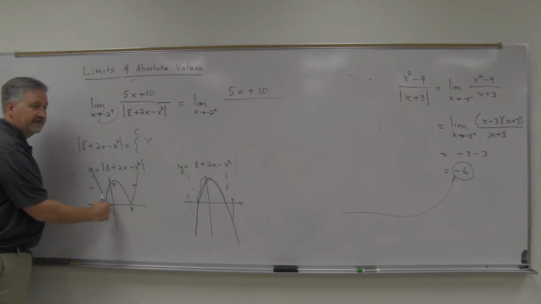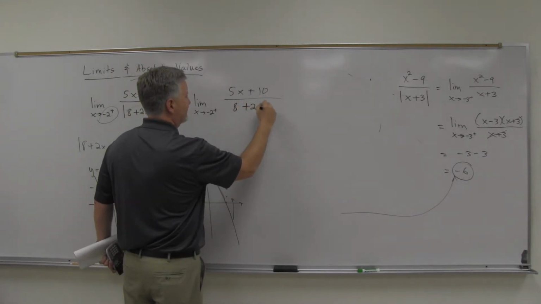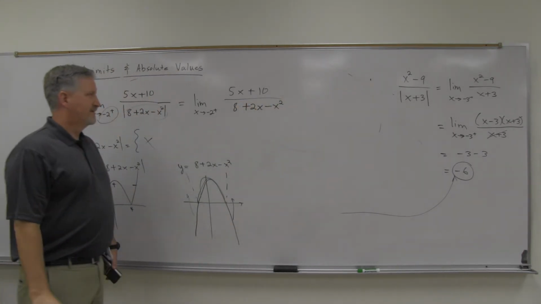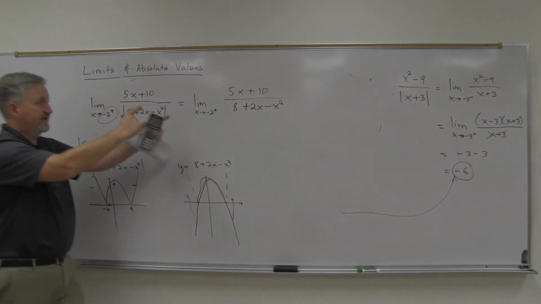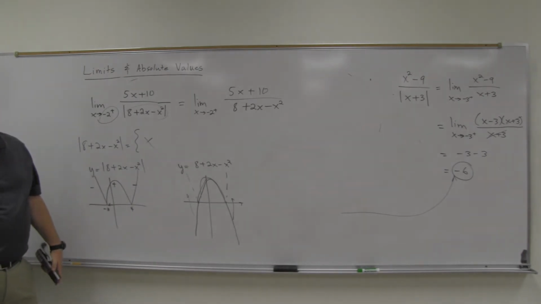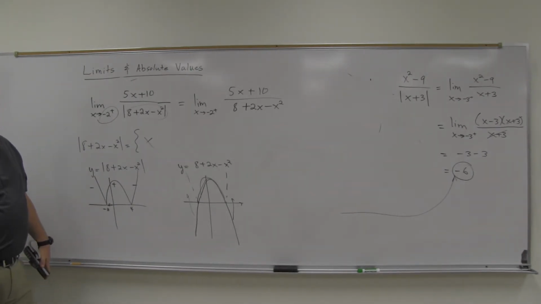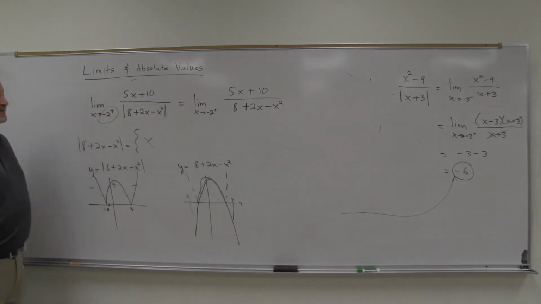I'm coming in from here. I just want to do 8 plus 2x minus x squared. If I was approaching negative 2 from the left, then I'd want the negative of that. Does that make sense? Okay. So it turned out it was really nice. All I had to do was get rid of the absolute values there. But it could be, I need that negative there. I just have to decide.